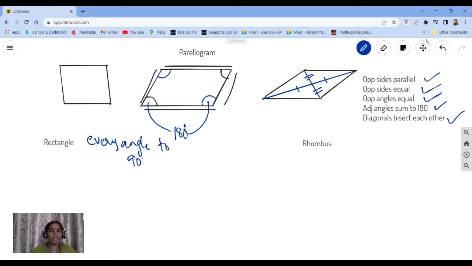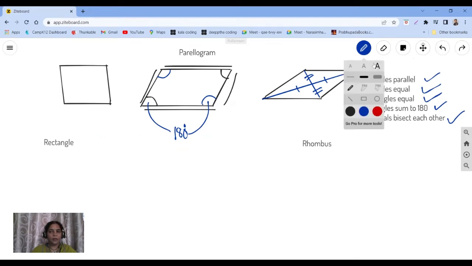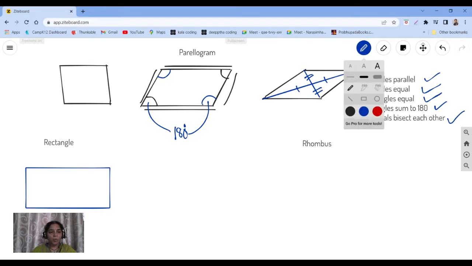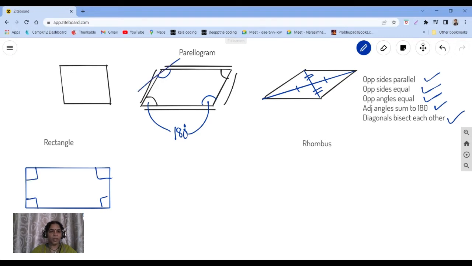If every angle is equal to 90 degrees, what do you get? You get a rectangle. So a rectangle is also a parallelogram. That means it has all the properties of a parallelogram, and along with that, every angle is 90 degrees. That means a rectangle is also a type of parallelogram.